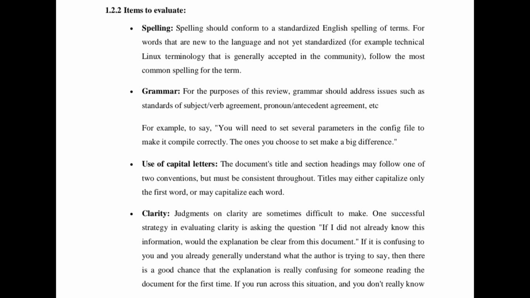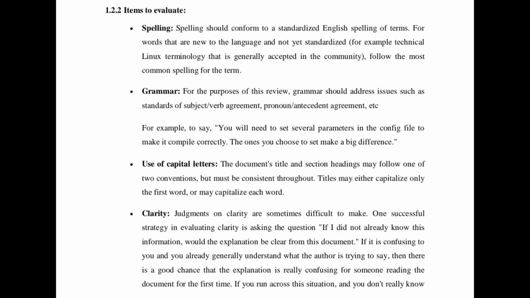Clarity. Judgments of clarity are sometimes difficult to make. One successful strategy in evaluating clarity is to ask the question, if I did not already know this information, would the explanation make sense for the document?